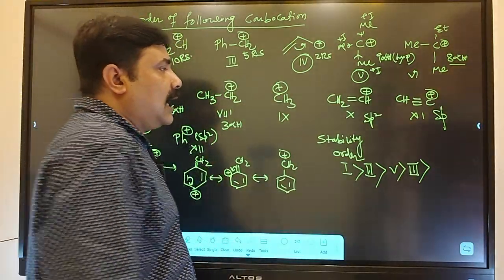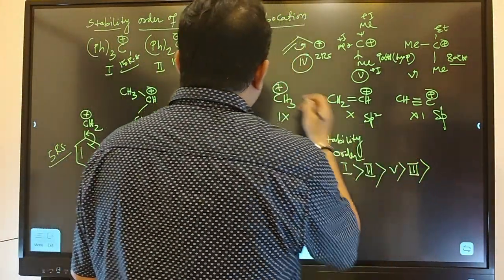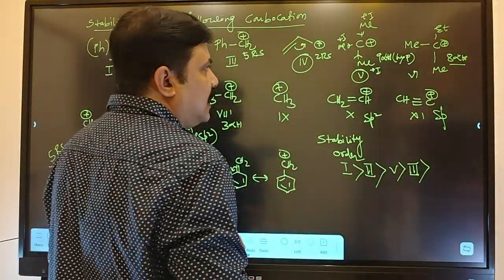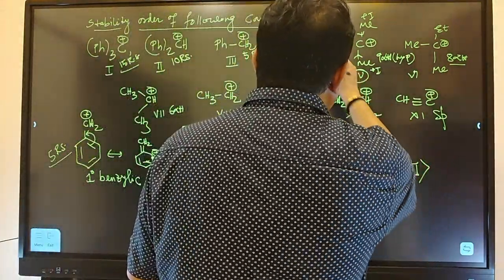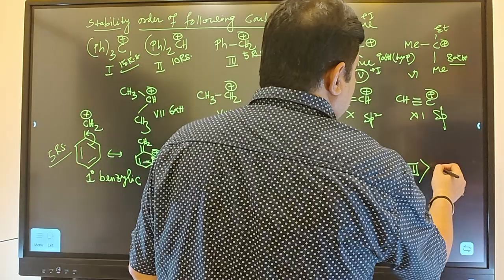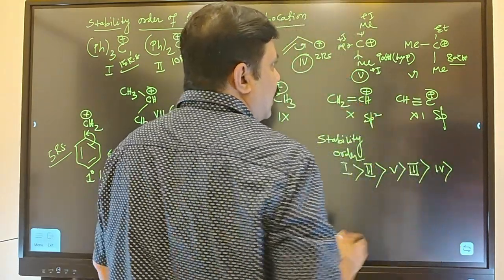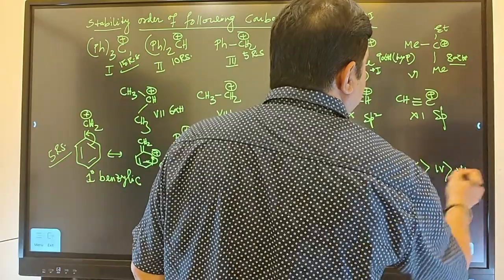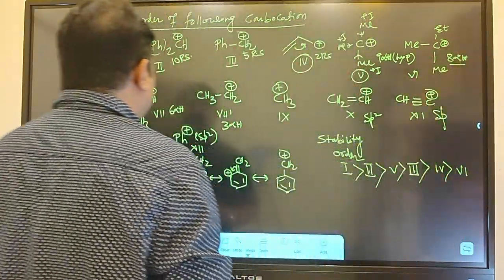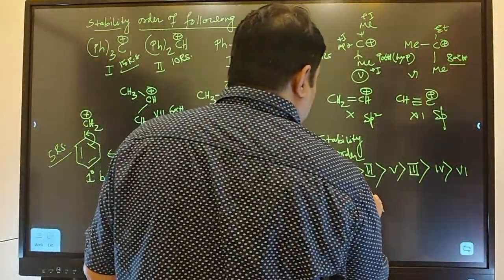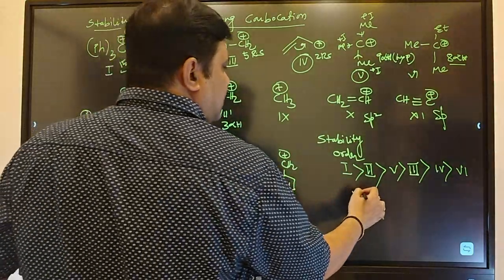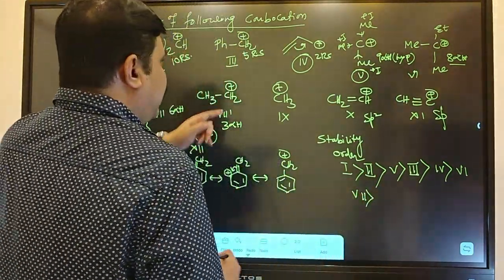So after 5 the stable one will be the third one, and after the third one you get the resonance effect. So this will be the fourth one, the allylic carbocation, and after that the sixth one. You look at the sixth one, a 3 degree carbocation. After that, the eighth one, the seventh one. After 7, the eighth one.